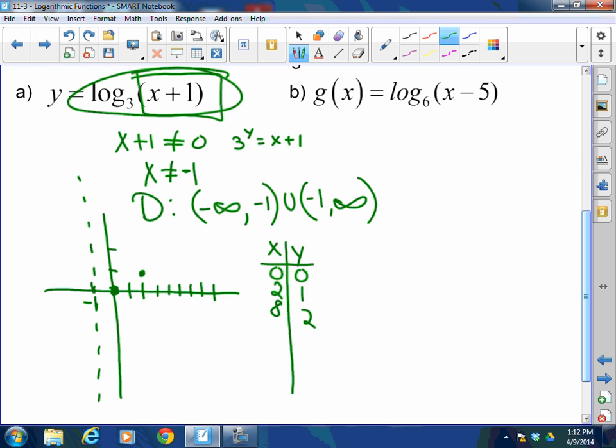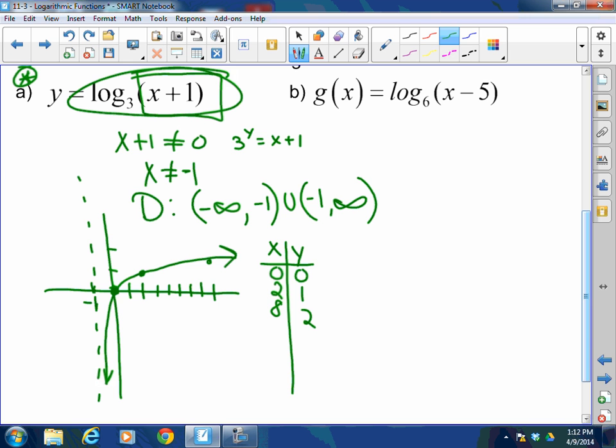And then 1, 2. And this is my graph. I'm telling you right now, we're not going to have to graph this type. We're not. But I like to teach you more than what you need.